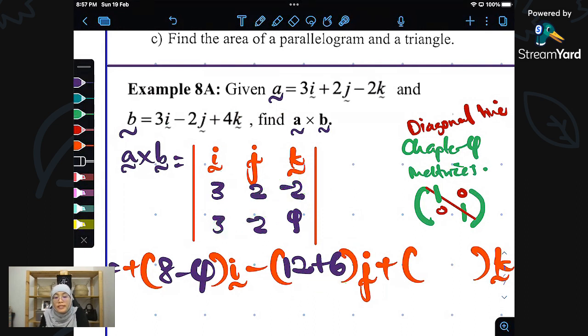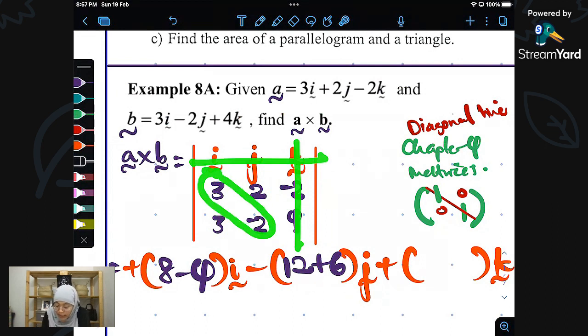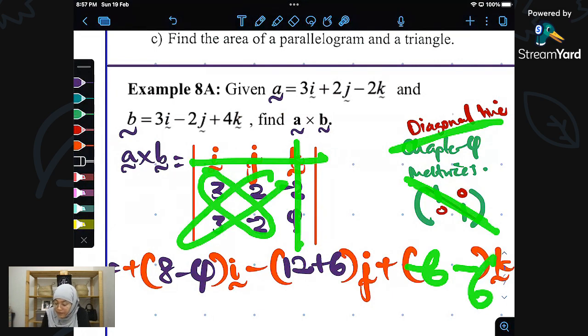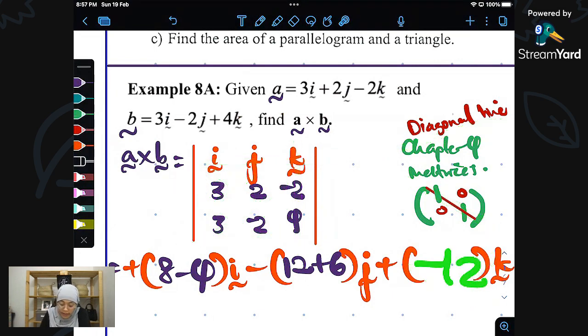Alright. So the last one, K. K tutupkan the row and the column of the K side, and then we start with the diagonal line. Mulakan dengan diagonal line, as I said. Negative 6 here, minus with 6 there. So we will get negative 12 inside here.